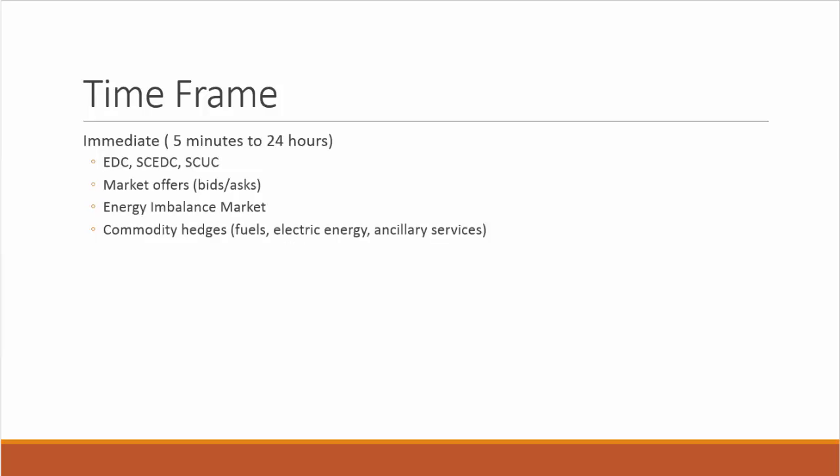So the immediate use, we've already talked about AGC, but also in a 5-minute to 24-hour period, we have to worry about economic dispatch. What are the future demands to be, especially when we get into valve point loading? We want to go through the valve point change only once a day. So those forecasts are needed for the next 5 minutes to 24 hours.